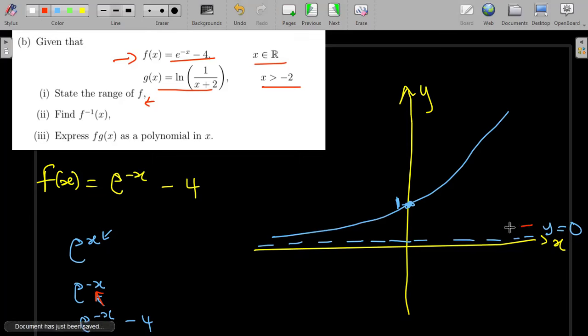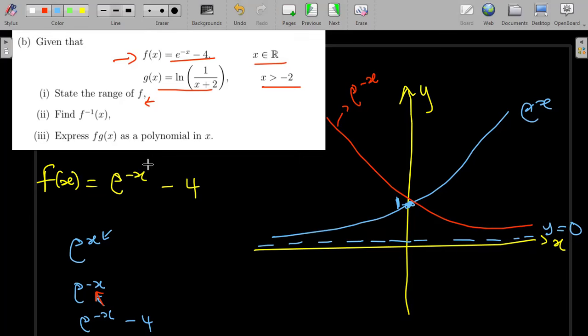So it will come now like this. This one in red is e to the power minus x. This one in blue is e to the power x. But my aim is to sketch this. So remember I said the horizontal asymptote is at y equals 0. If you see any number there, it means the horizontal asymptote is shifted to that number.